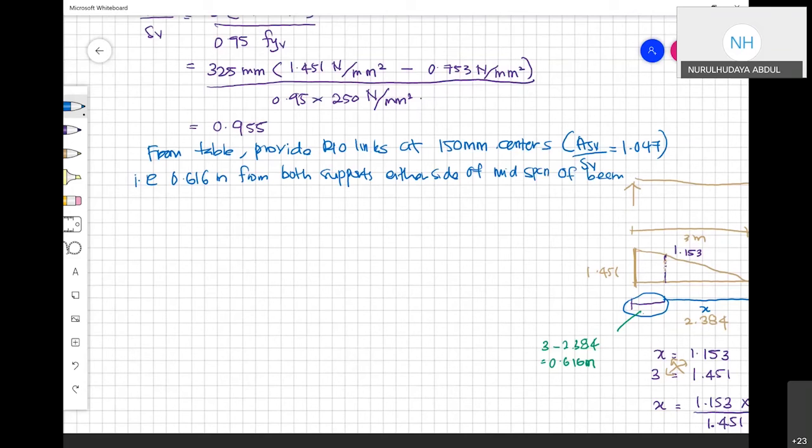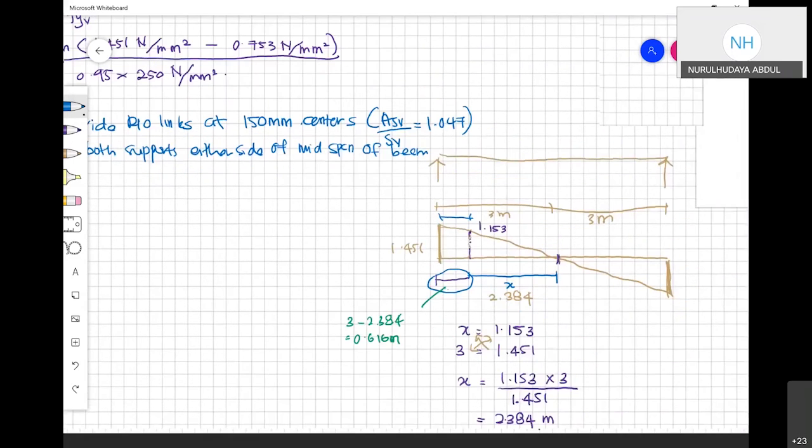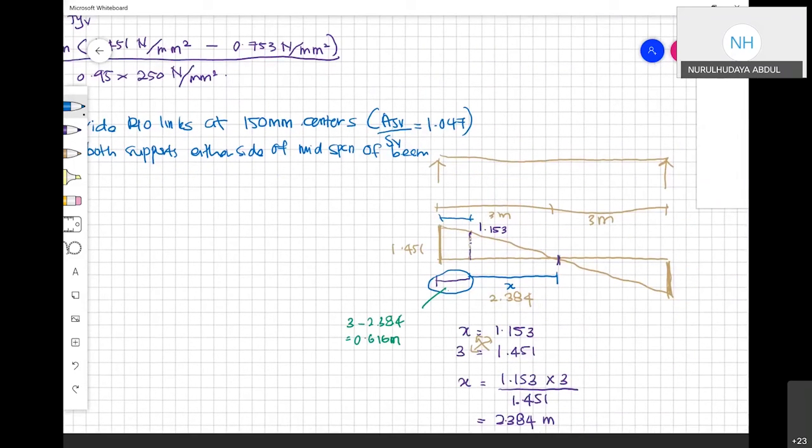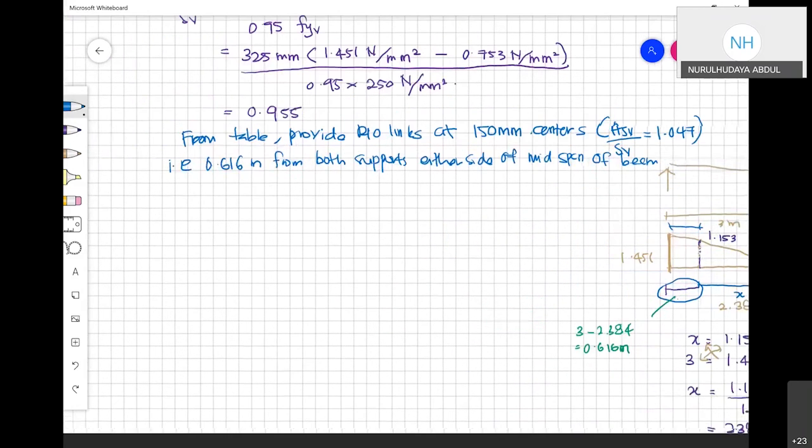Okay, jadi kita boleh letak dia 0.616 daripada both support. Maksudnya 0.616 daripada support ni lah. 0.616 daripada support sebelah sini juga. Either side of beam at midspan. Maksudnya daripada midspan ni lah. Okay, either side. Alright. So itu cerita dia. So we are done also dengan design link. So kita dah nak habis.